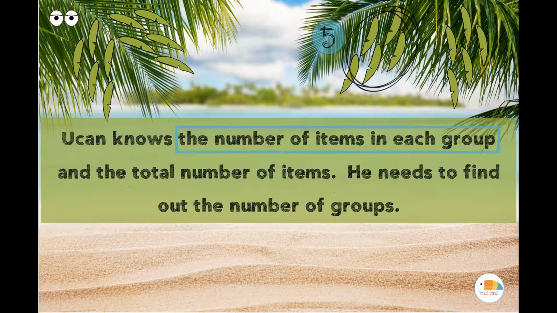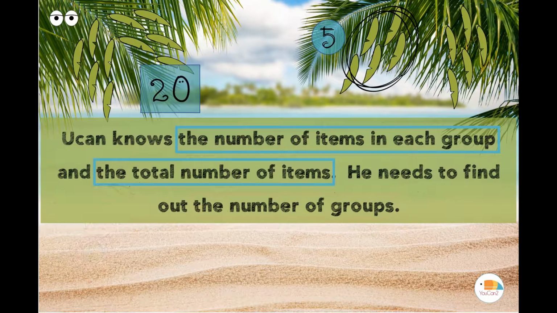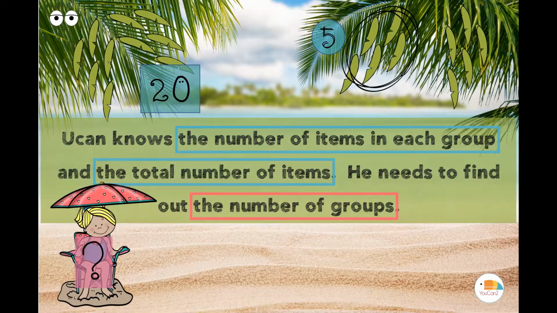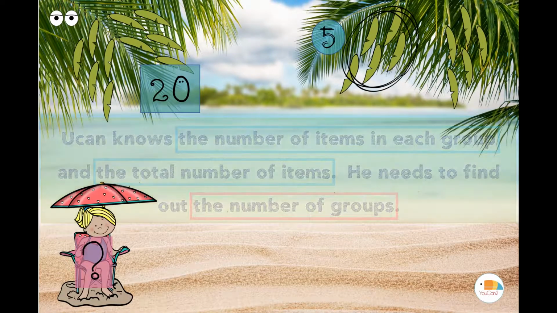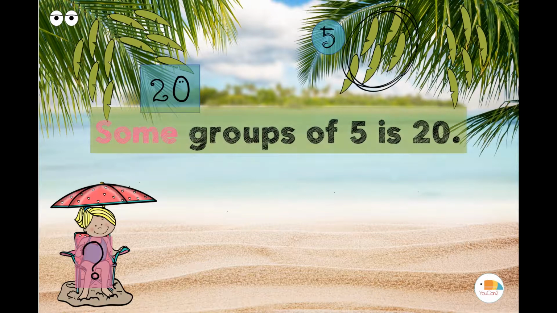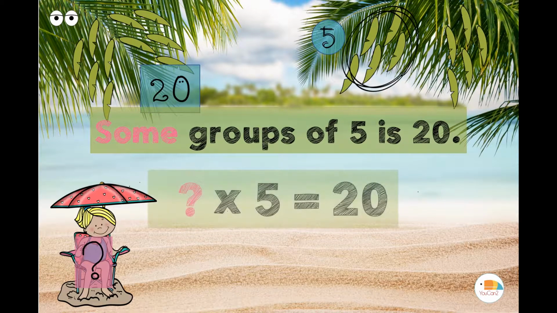Each kid's going to need 5 leaves to make their palm leaf mat. And you know the total number of items. You've got 20 leaves left that you can pick. You don't know the number of groups or how many kids are going to show up. So you know that some groups of 5 is 20, or something times 5 is 20.